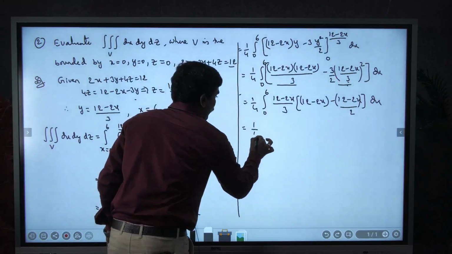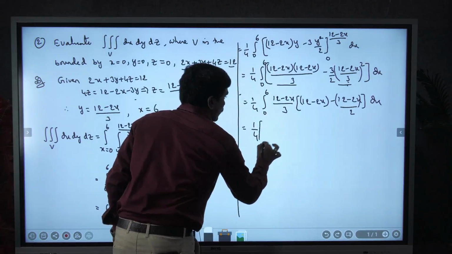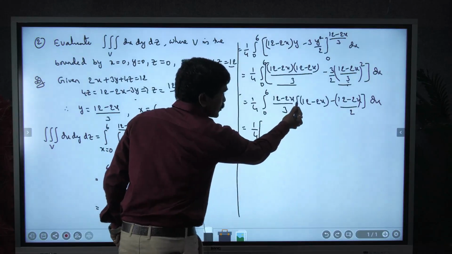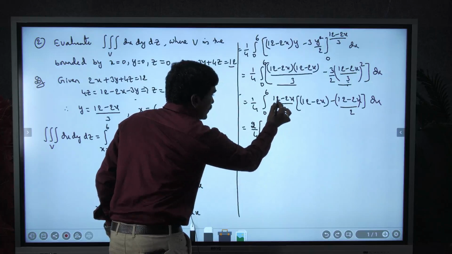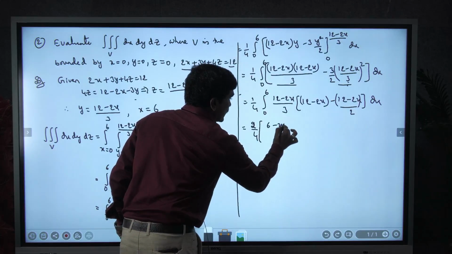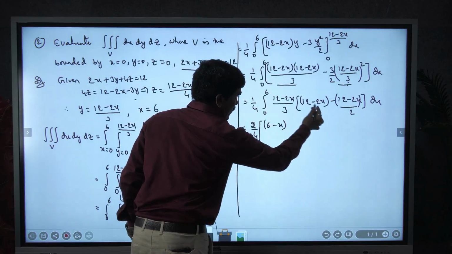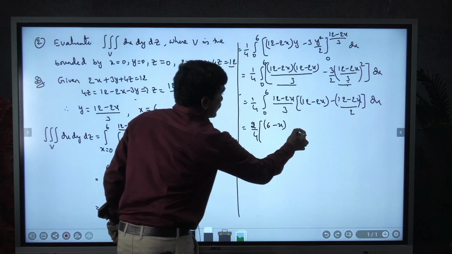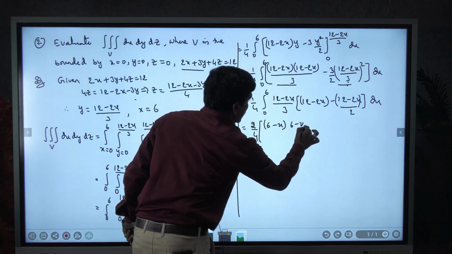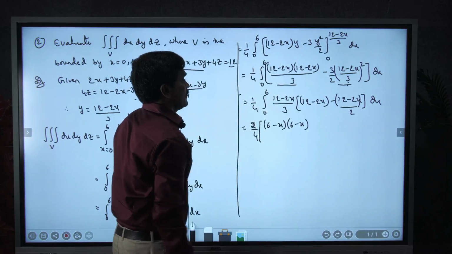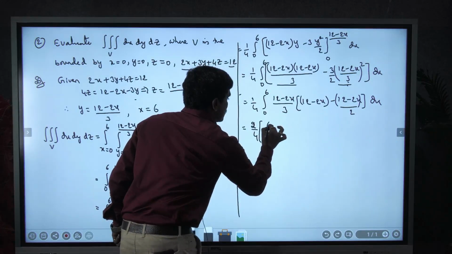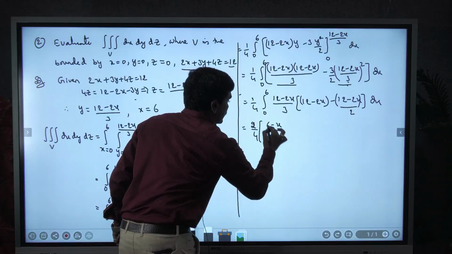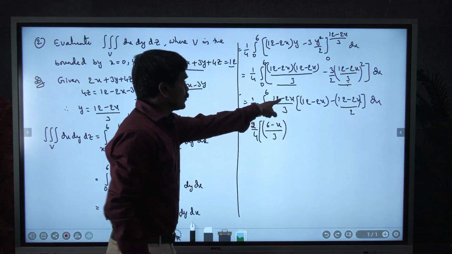Now 1 by 4 into... so here 2 is common, right? 2 by 4, here we have 6 minus x, here 2 common, 6 minus x. So once again, see, 6 minus x by 3, right? Here 2 is common.